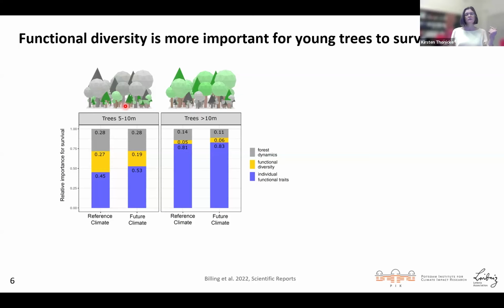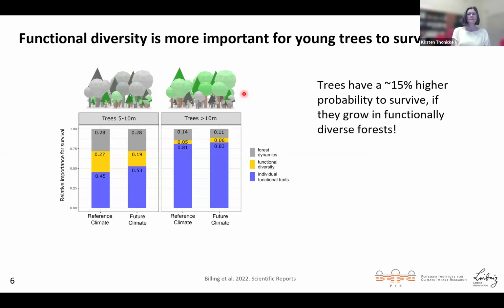And then through the mechanisms of competition and coexistence, the locally adapted winners make it through to the canopy, and then they have their occupied space with their trait combination. And so they are performing very well, and that's why their individual trait combination is so important for their survival, and the functional diversity is of less importance.